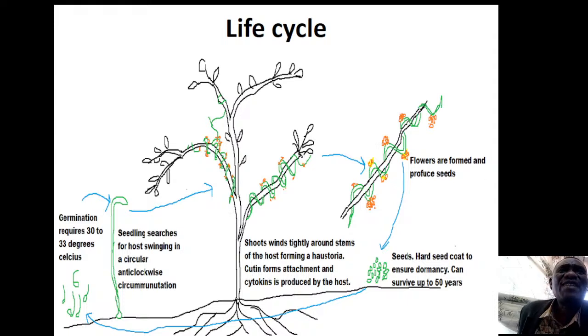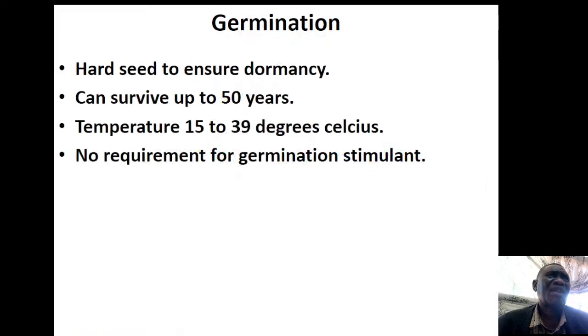For your own information, the seed can stay for up to 50 years, which is quite a long time, and this has implications for control. So this is what I was trying to explain.